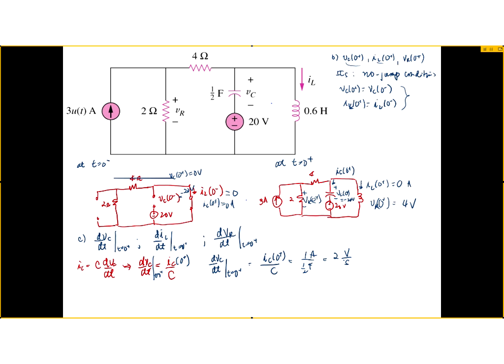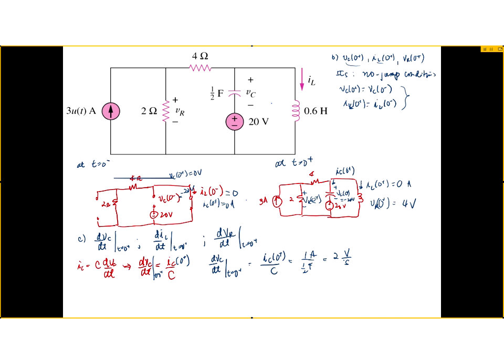Why is that 1 amp? Because the 3 gets divided: 2 amps goes to the lower resistance, 1 amp goes to the higher resistance. Therefore, there's 1 amp here that has no choice but to go through the capacitor. Why? Because the inductor's current has to remain 0.